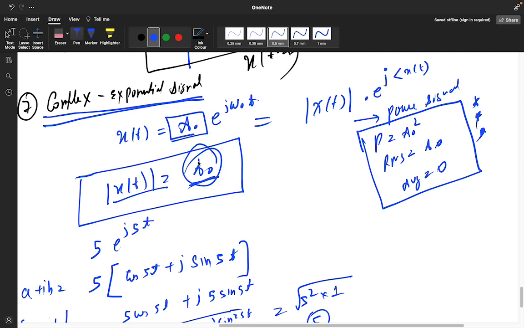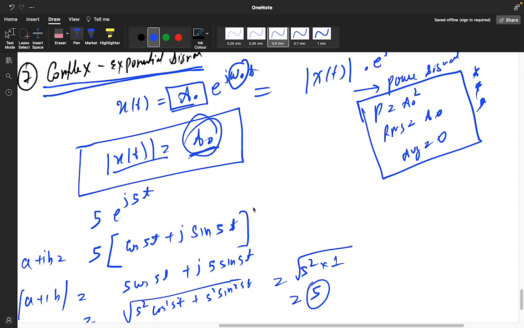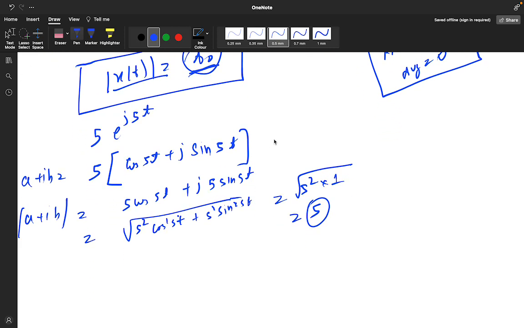This particular term is the magnitude, and this is your angle. Whatever is multiplied with j will be your angle. What is the formula of an angle? I hope you remember, guys. Angle is tan inverse b by a.